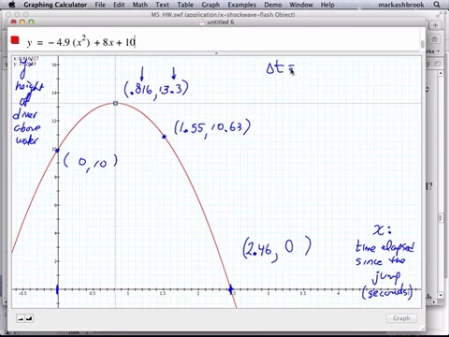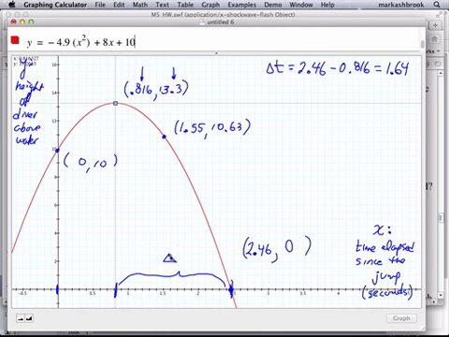And so how are we going to calculate that? 2.46 minus? What do you get? So what is that? That's the time it takes from the max to the water. So that's this delta t right here. The time it would take from the highest point to hitting the water. Okay? What is the average rate of change over that time period?